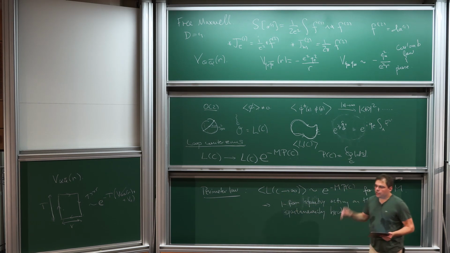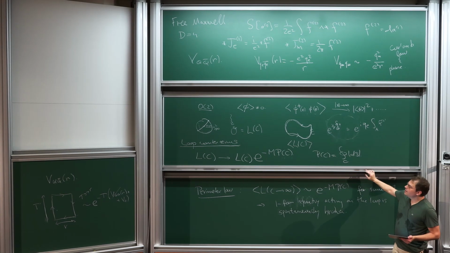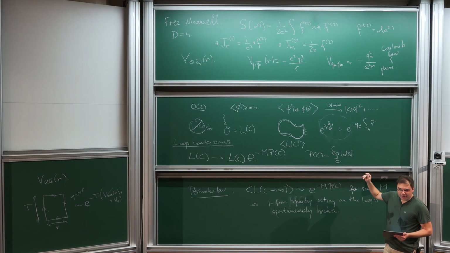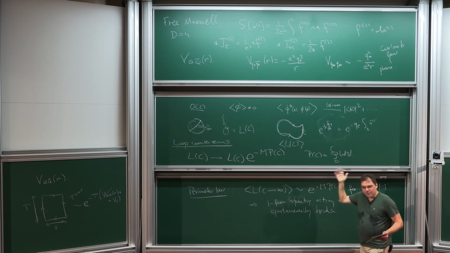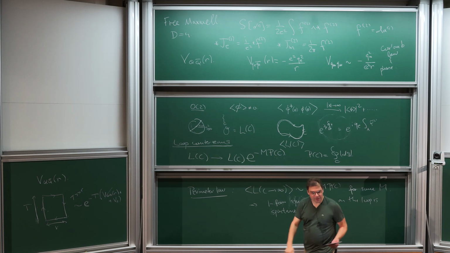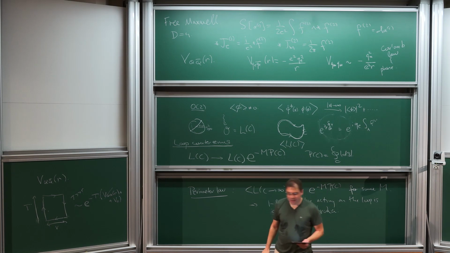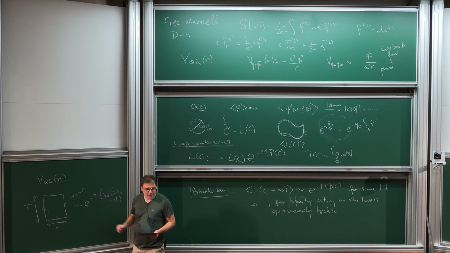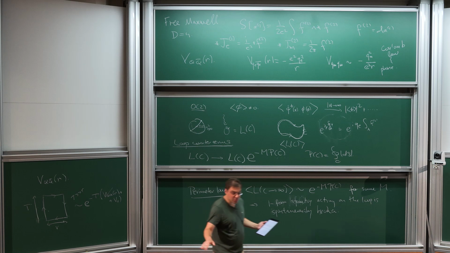But not every theory that has a photon at long distance is free Maxwell theory. There are theories that have charged matter and so forth, and they also have a photon at long distances. For example, QED. And in QED, the potential is not exactly Coulombic, right? It gets radiative corrections and so forth, but it still decays to zero at infinity.